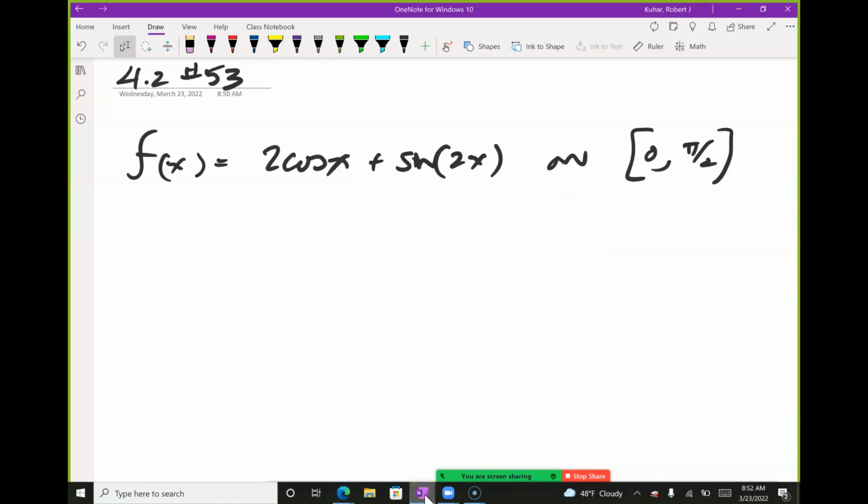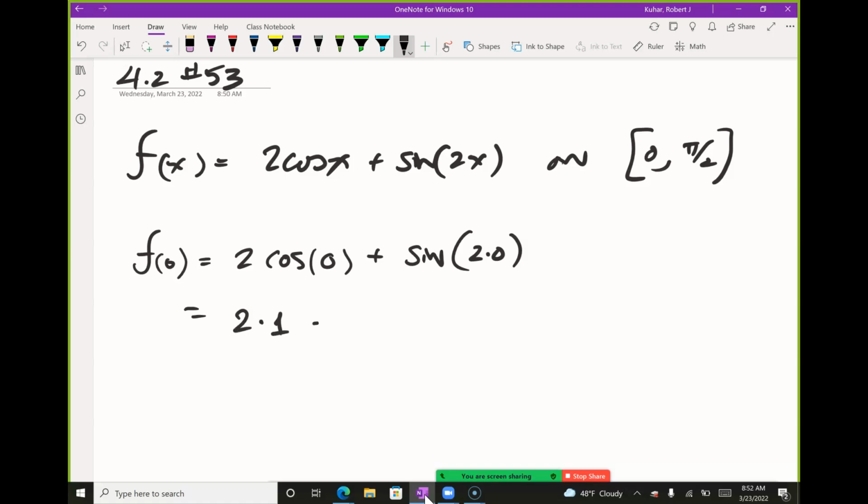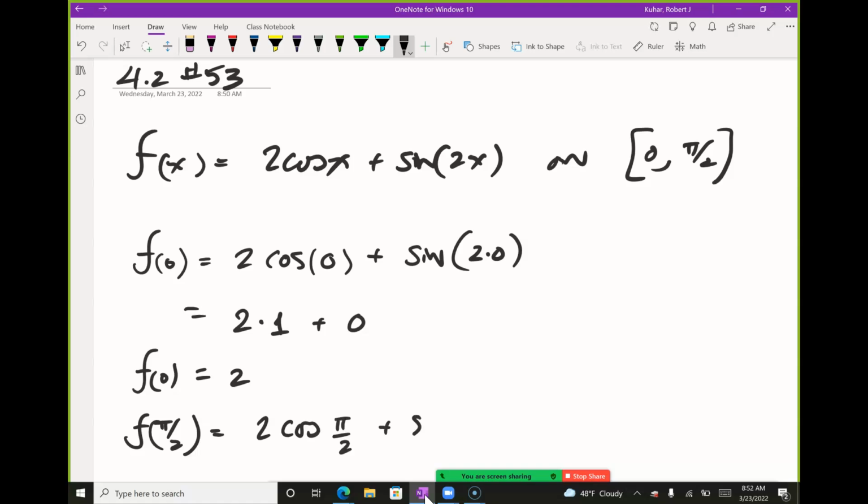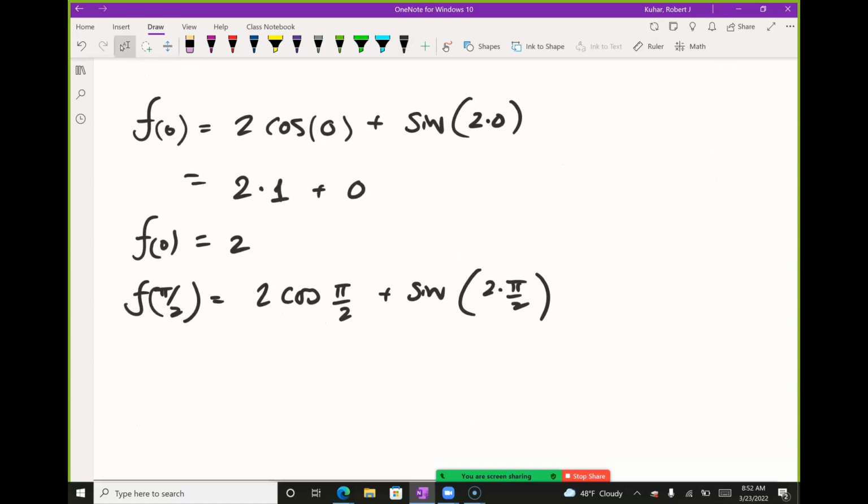Good. So what's first? Find f of the endpoints. So at f of 0, I get a height of 2. At f of pi over 2, looks like I get 0.